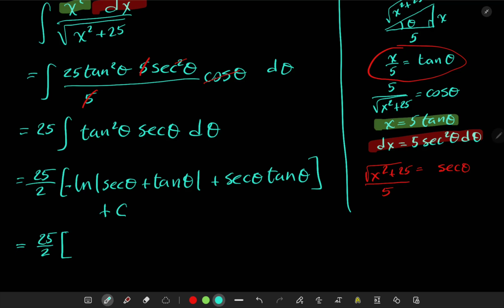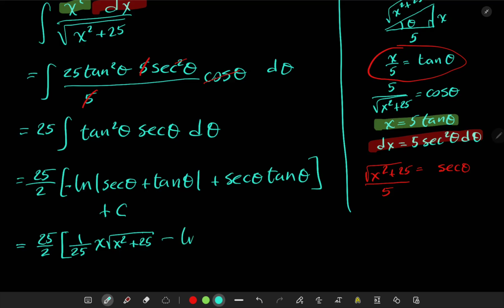So secant tangent is going to be x over 5, and then square root of x squared plus 25 over 5. Let me put that 5 times 5 in the denominator as 1/25th, and I'm going to copy the x, and I'm going to copy that square root of x squared plus 25.